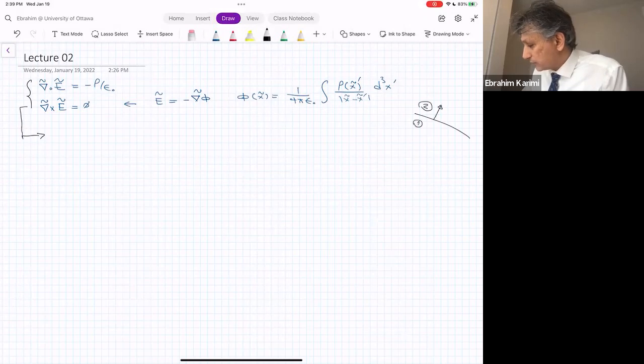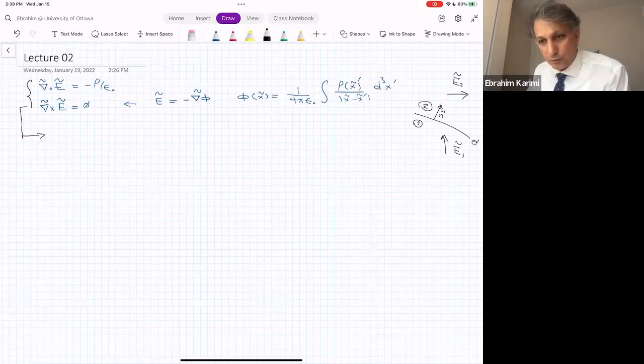The normal to the surface is given here, and we have electric field E1 in one region and electric field E2 in the other region, and then on the surface we have the charge distribution sigma, which is the charge distribution on the surface.